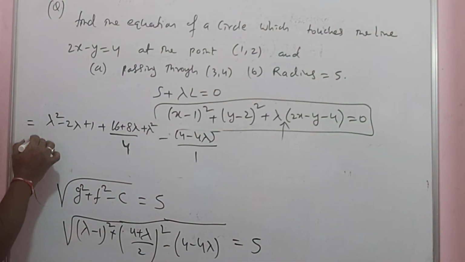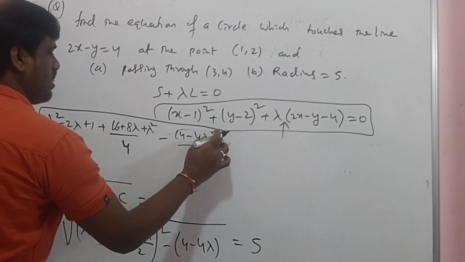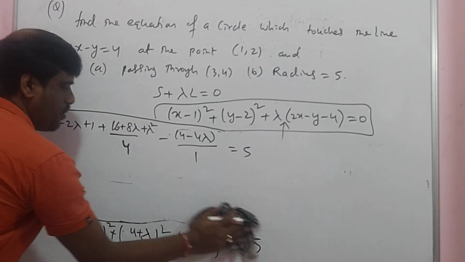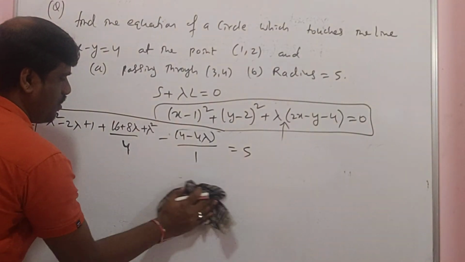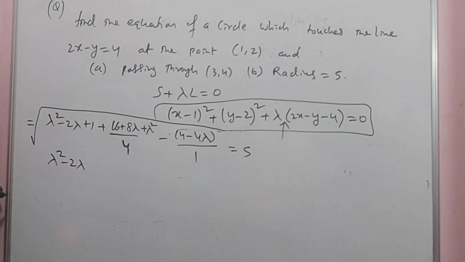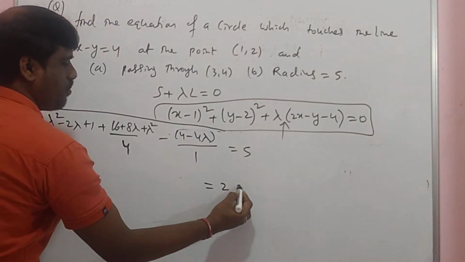It's a square in the square root. So this value square root is equal to 5. So squaring on both sides you can do, then the square root will be cancelled out. So what I get here: lambda square minus 2 lambda, square root cancelled out, because squaring on both sides we do here, this I get 25.